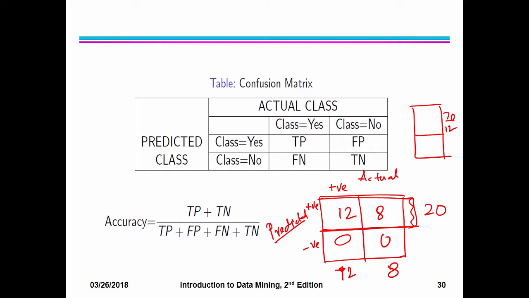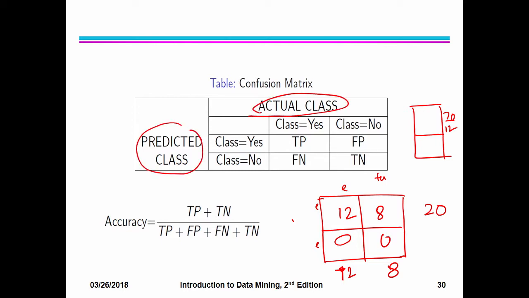Now, what do we do in this example? Here we consider this as the predicted class and this as the actual class. But there is no universal rule that you should always take this row as the positive predicted class. You can change it here.